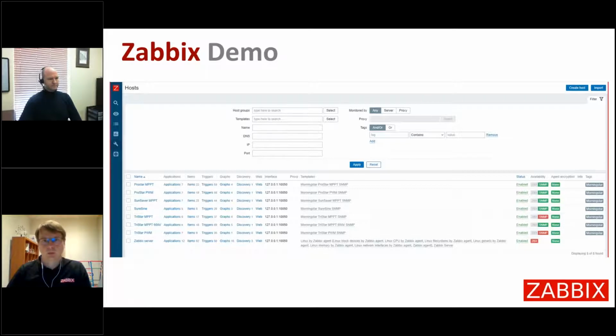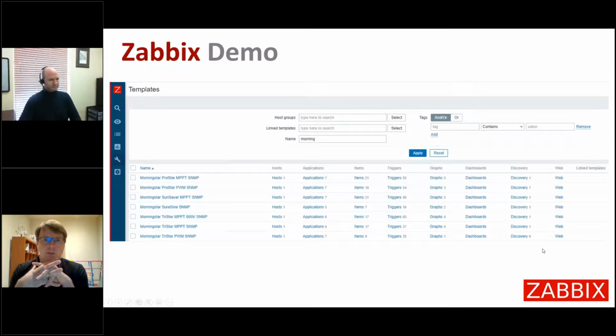What we are going to do is apply the template, and if we can jump on to the next slide. So after you import the template into Zabbix, this is the list of the templates that you actually have. All you need to do is apply this template to the device that you want to monitor.